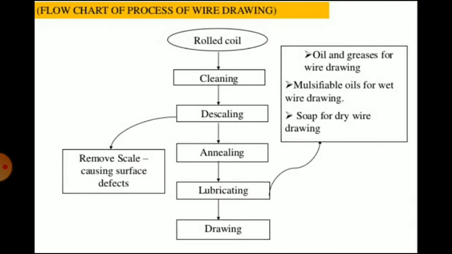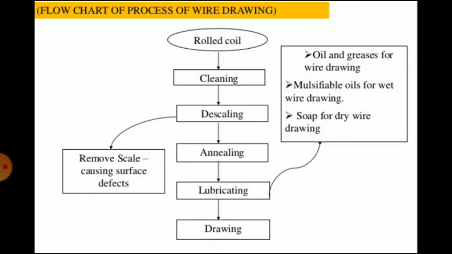So this is a flow chart of the wire drawing process. At the top there are rolled coils, then cleaning operation, descaling operation, then annealing operation, which is done to increase the ductility. Then it is passed through lubrication and then the drawing operation.